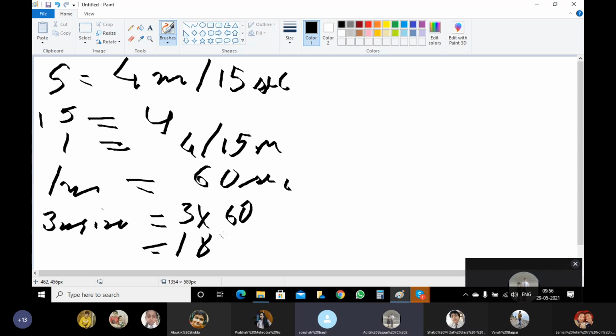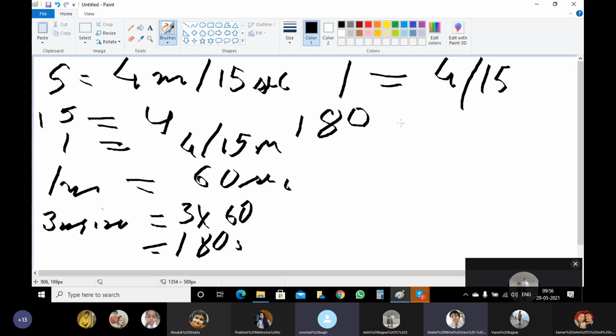180 seconds. Now moving back to the question. When 1 second was equal to 4 by 15 meter, then how much will 180 seconds be equal to? In 1 second we were reaching 4 by 15 meter down, so at 180 seconds where will we reach?